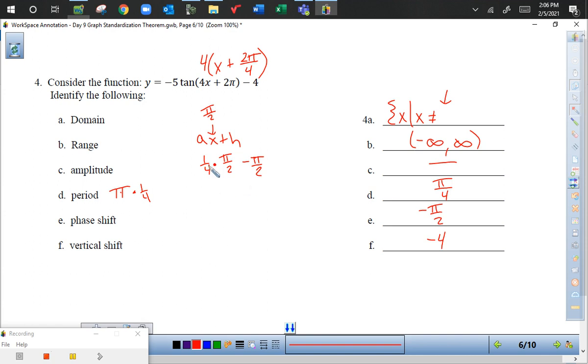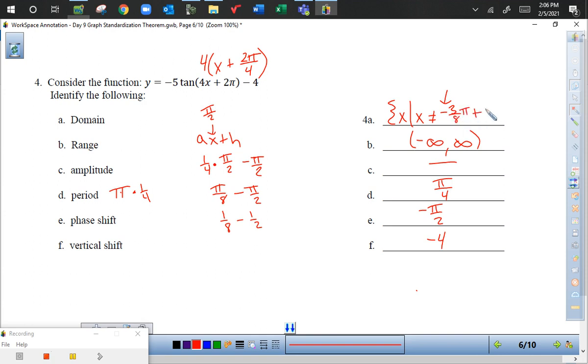And then we're simplifying. Order of operations, we have to multiply first. So that's pi over 8, and we're subtracting pi over 2. Again, if you're not good with fractions, that's fine. Type it in your calculator to get it as a fraction for me. So this is 1/8 minus 4/8, or negative 3/8 pi.